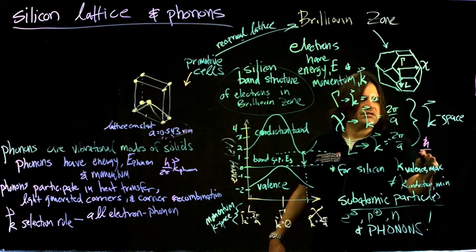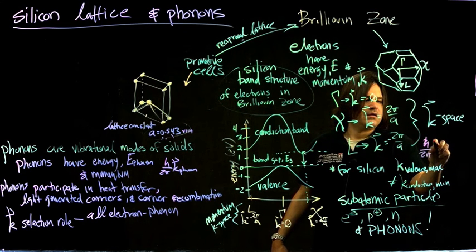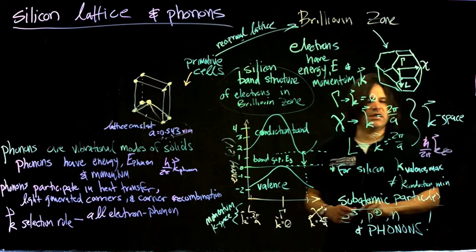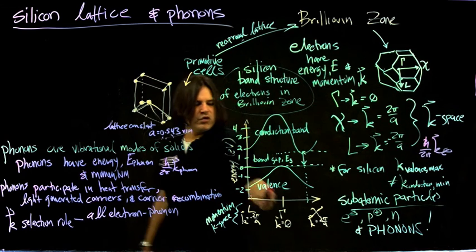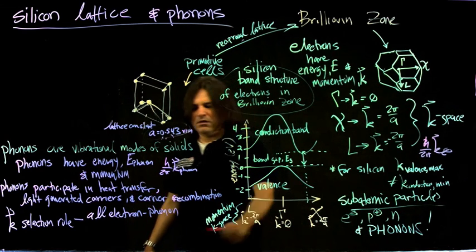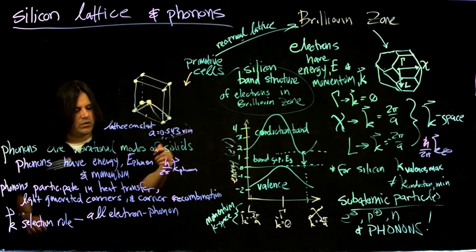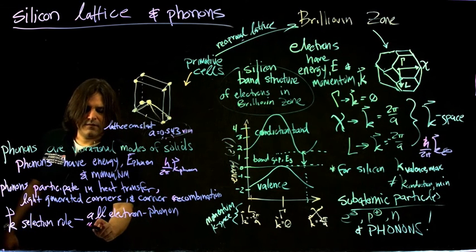Planck's constant over 2 pi, that's the momentum of an electron. So if you want to move the momentum of an electron, you can do this by collisions or interactions with the phonons.